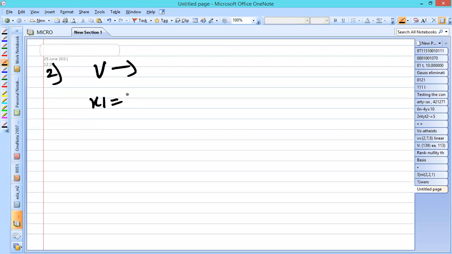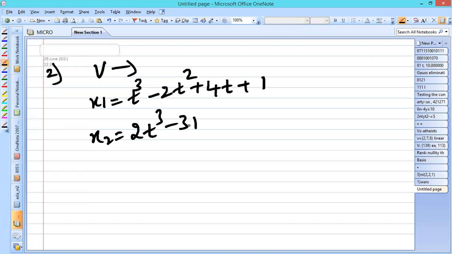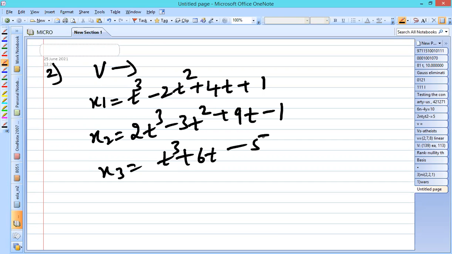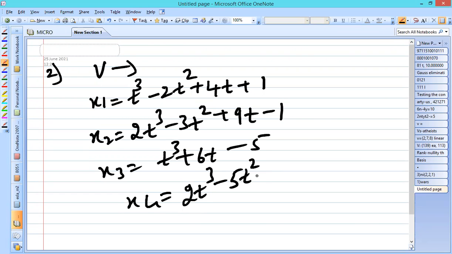Same problem, but here in terms of polynomials we are given x1 equals t cube minus 2t square plus 4t plus 1, x2 is 2t cube minus 3t square plus 9t minus 1, x3 is t cube plus 6t minus 5, and x4 is 2t cube minus 5t square plus 7t plus 5.